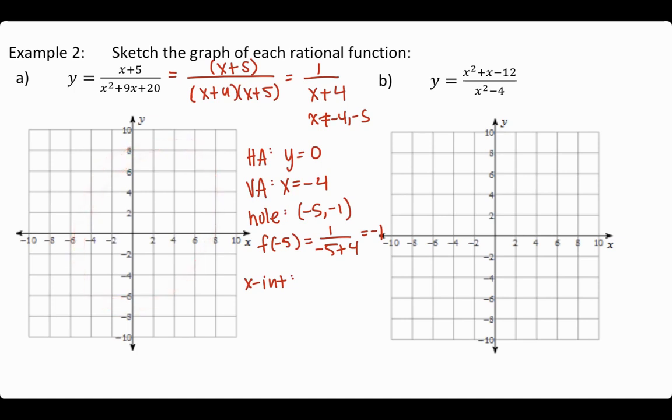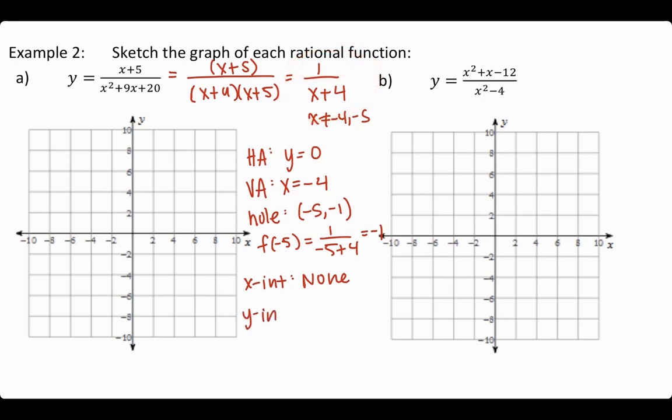So it's not because of this. It's because what can the numerator never equal? If we want to find it, we have to set it equal to 0. The numerator is never 0, which means the whole thing is never 0. So there is no x-intercept.